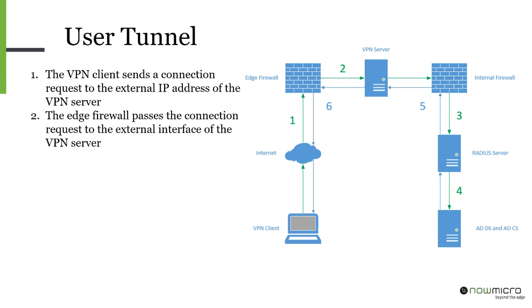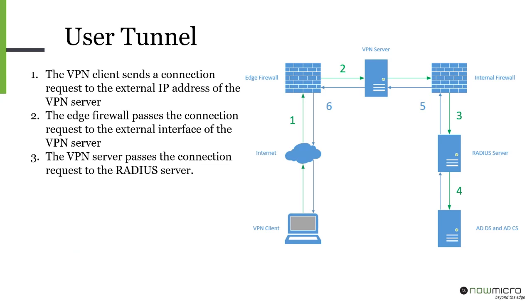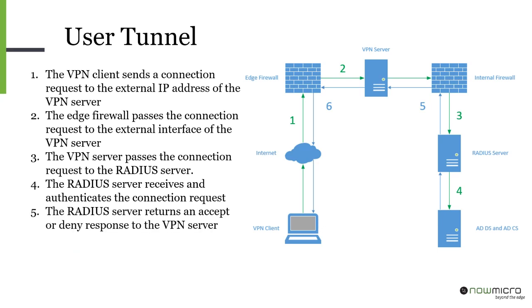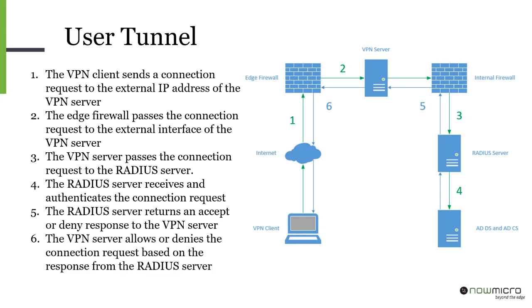That firewall passes the connection request through to the VPN server. The VPN server passes the connection request along to the Radius server on your internal network. That Radius server communicates with Active Directory and the certificate authority to validate the connection request. And then the Radius server returns either an accept or deny response to the VPN server. And based on that response, the VPN server either allows or denies the connection.